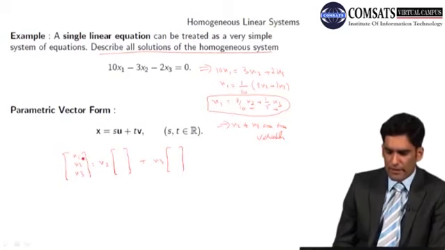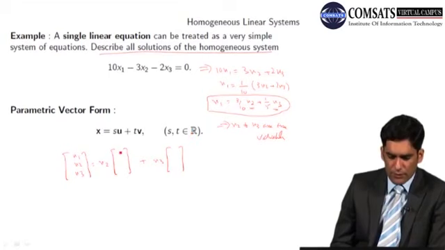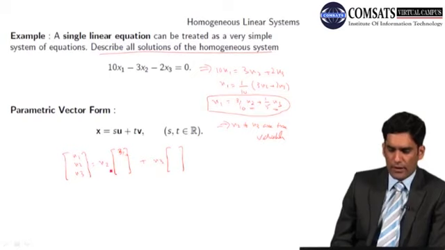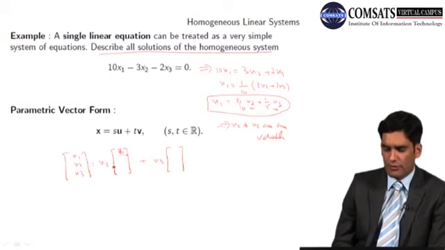So what is the coefficient of x2 in x1? The coefficient of x2 is 3 by 10. So the first component of this vector will be 3 by 10. x2 is a free variable, so x2 equals itself, I will write 1.